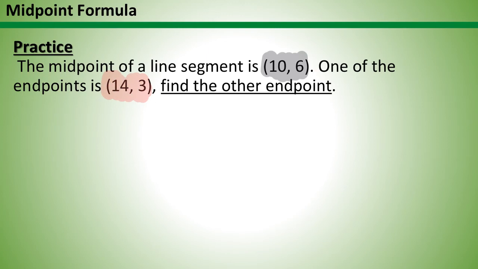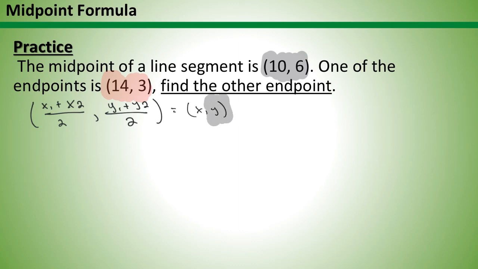To remind you of the formula, you've got x1 plus x2 over 2 and y1 plus y2 over 2 is equal to x, y, which is the midpoint. I'm just going to take the midpoint and put it in there. For the other endpoint, I'm going to put the x here and the y here. Here's what that looks like.